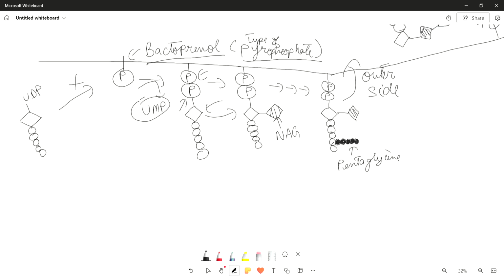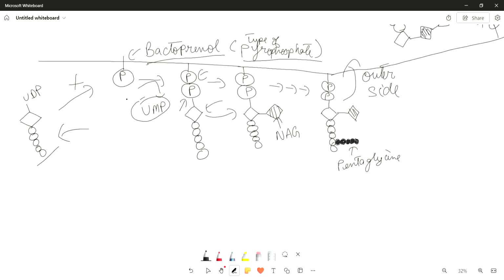One of its phosphates will be used as a target for binding by our initiator complex. This is the same complex that we had before: the five amino acid peptide chain, the NAM, and this is UDP. Next, we are going to add this complex to the phosphate of the bactoprenol.